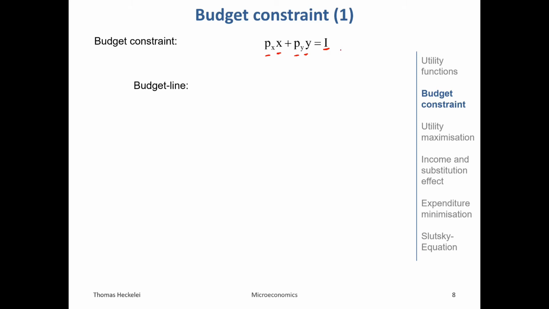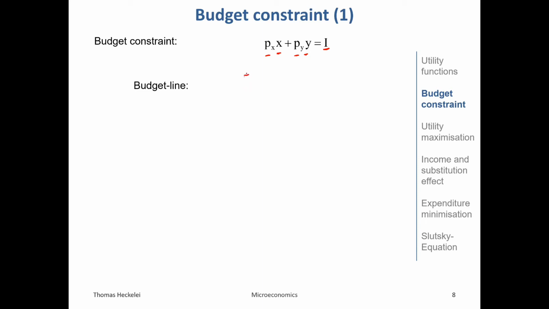To put it in the graph, we need an equation for the budget line. What is that? It's just simply you write one good as a function of the others and all the prices and income. So let's say we want to derive a function y of x and the prices and income. First thing, we need to put something without y to the other side of the equation.